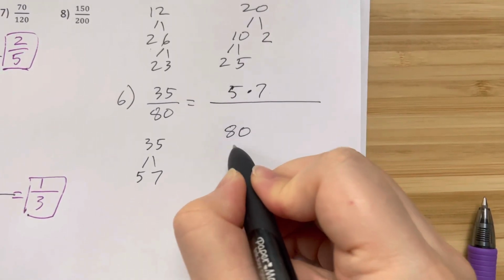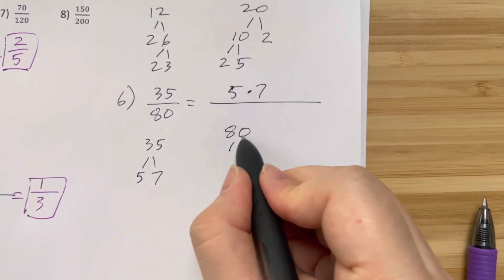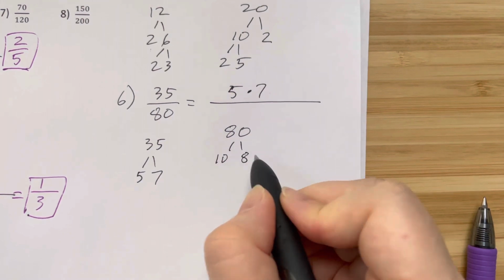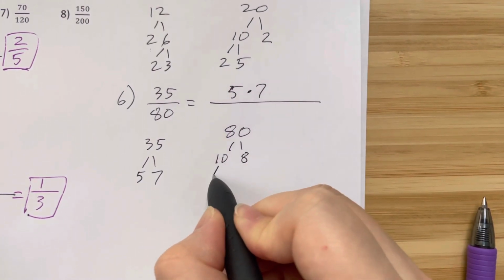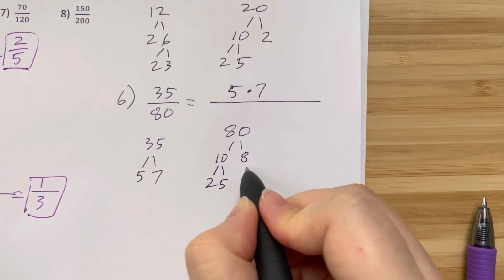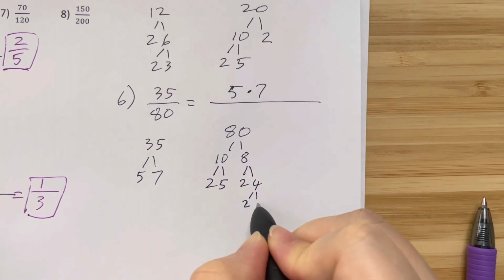Now 80, like I said earlier, because it ends in 0, it's 10 times the number in front, which is the 8. The 10 can break down some more into a 2 and a 5. An 8 we can break down into a 2 and a 4, and then a 2 and a 2 again.